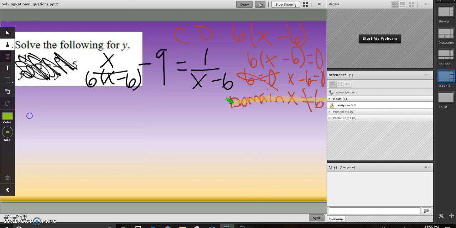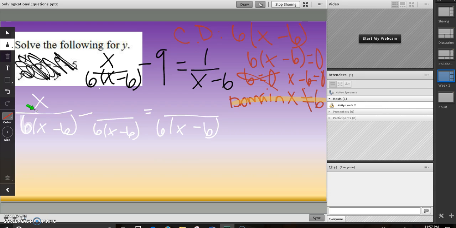All right, so we need every single bottom to be 6 times (x minus 6). He's already 6 times (x minus 6), so we're going to leave x alone.